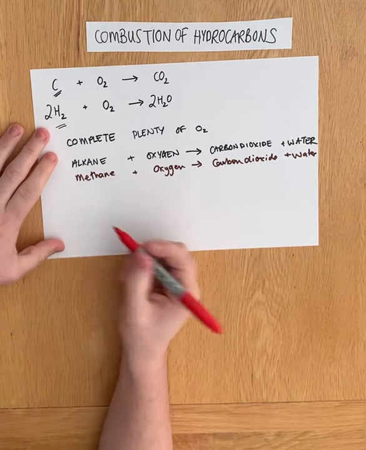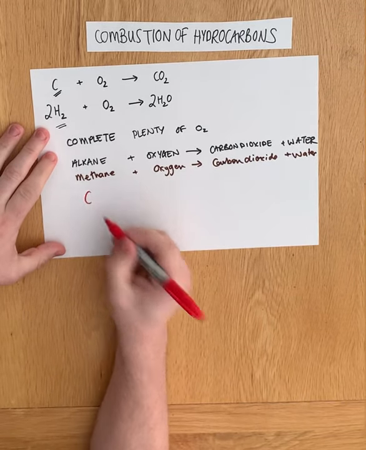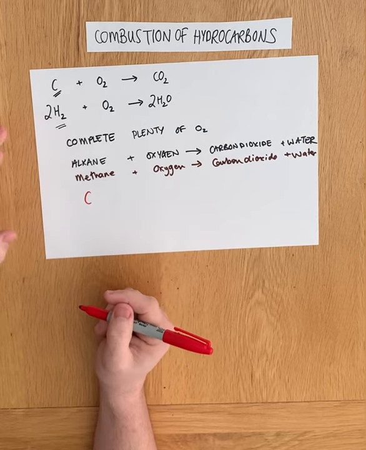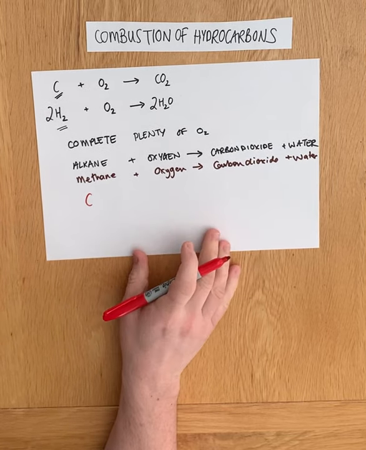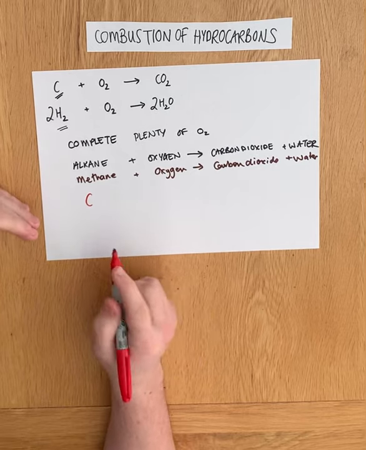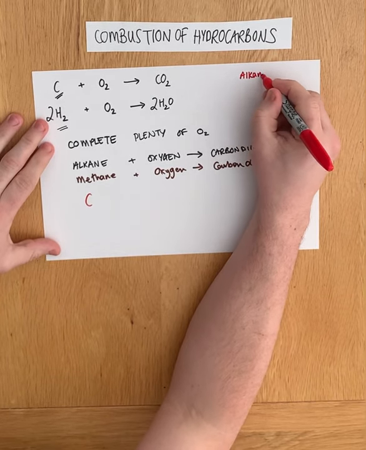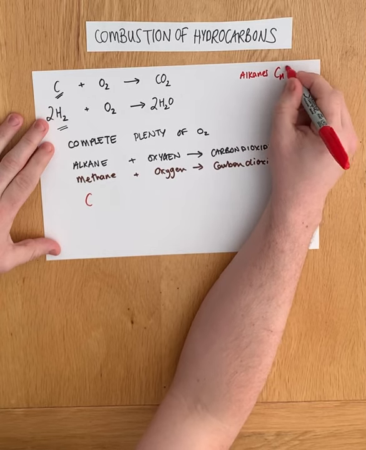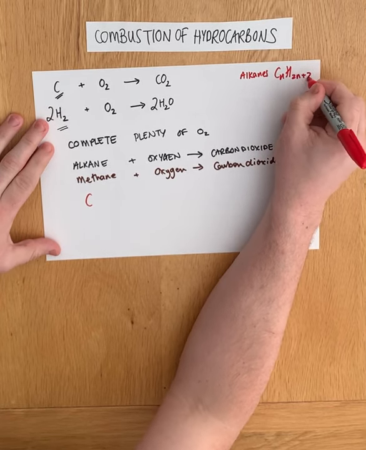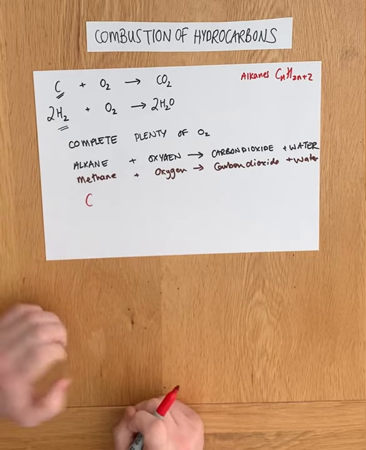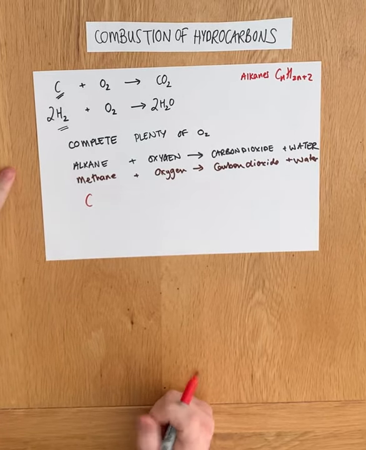Symbol equations, methane. We know that meth means one carbon, ane means it's a saturated hydrocarbon, so it contains no double bonds. We know the general formula for alkanes, CnH2n+2. Meth means one carbon, double it gives me 2, add 2 more gives me 4.